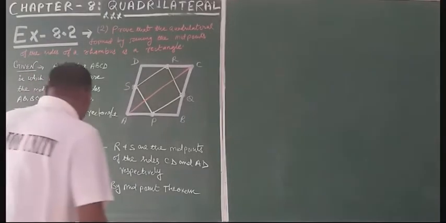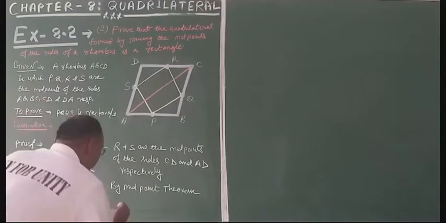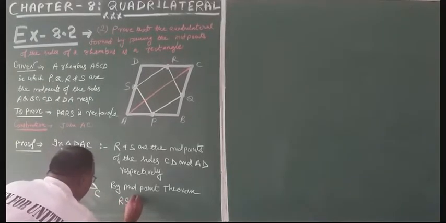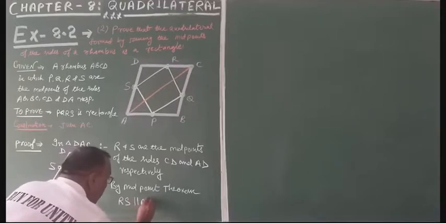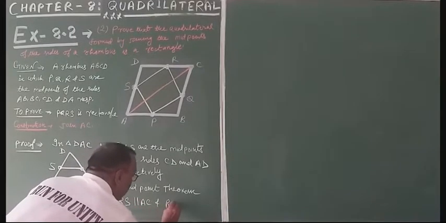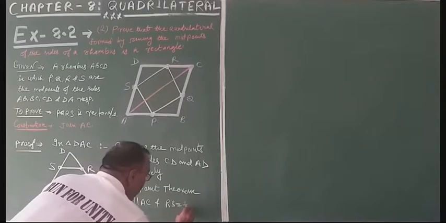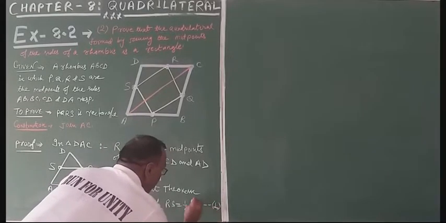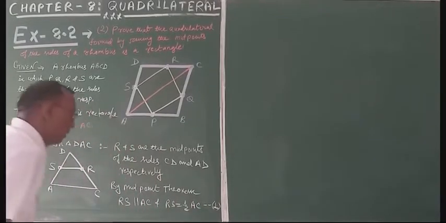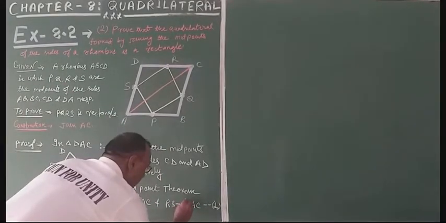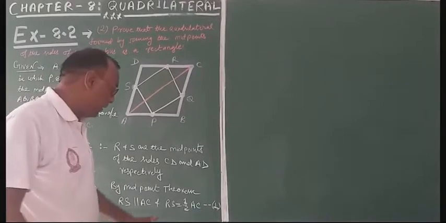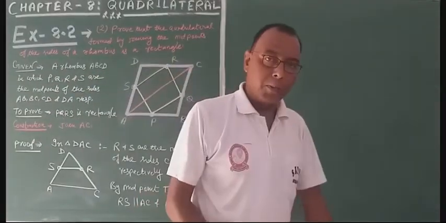So by the midpoint theorem, RS is parallel to AC and the length of RS is half of the length of AC. This is equation number 1.